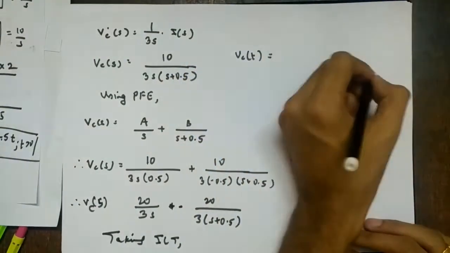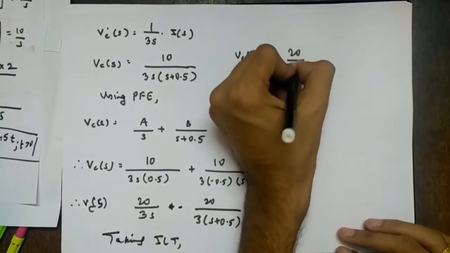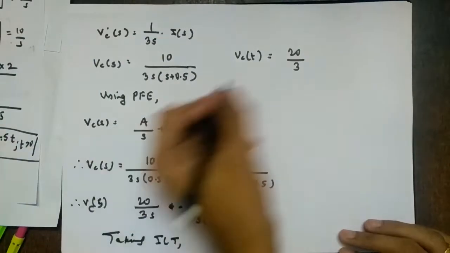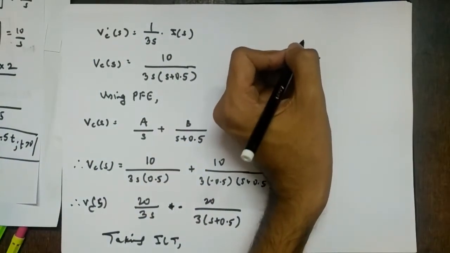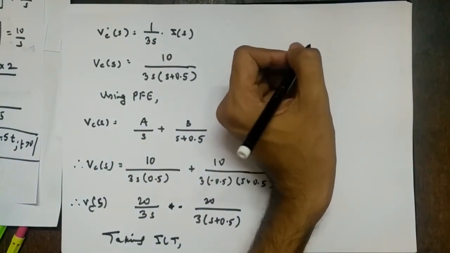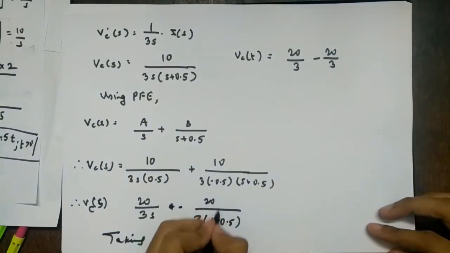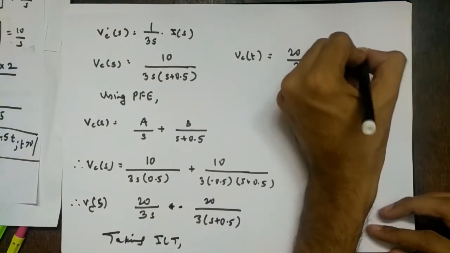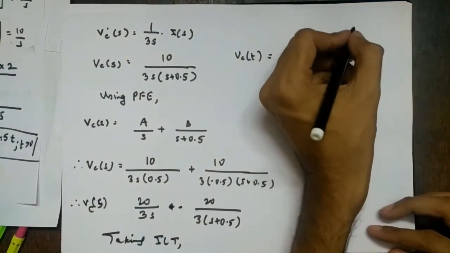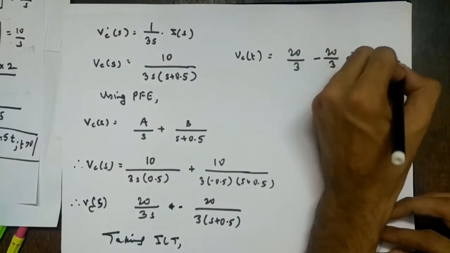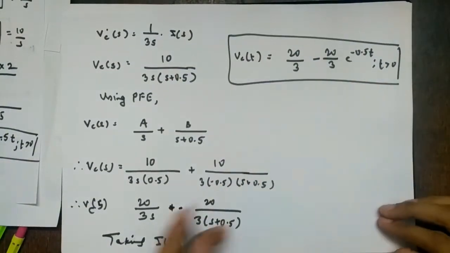VC of t equal to, so the inverse Laplace transform of 1 by s is 1, so 20 by 3, that's it, minus 20 by 3 into inverse Laplace of 1 upon s plus 0.5, so e raised to minus 0.5 t, right? And this exists for t greater than 0. So this is our final answer, right?